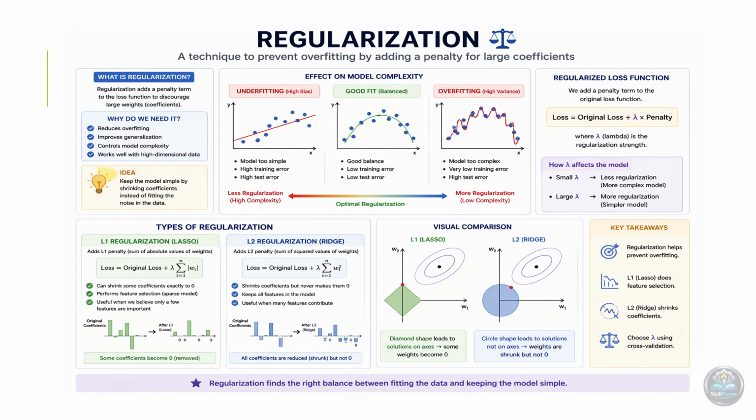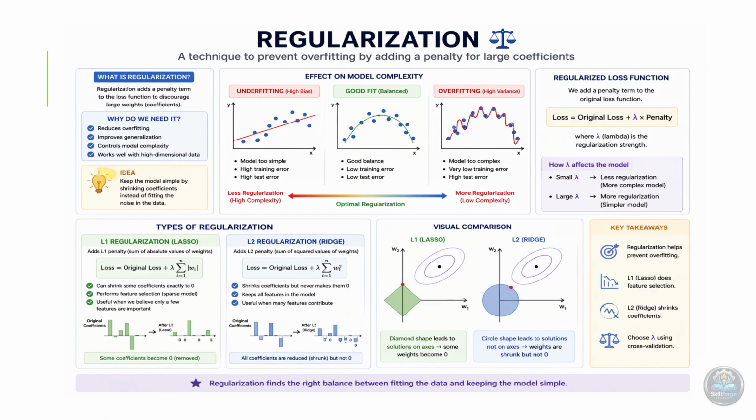So see here, as I said earlier, regularization is a technique used to prevent overfitting by controlling the model's complexity. And as you can see here, it adds a penalty to large model weights. Okay, and this prevents the model from becoming too complex and learning noise.